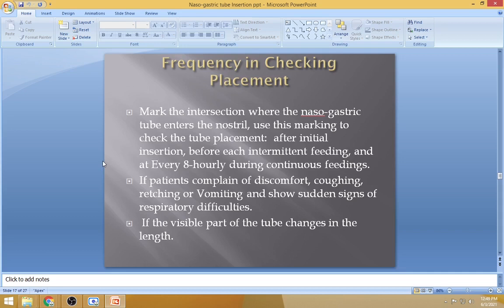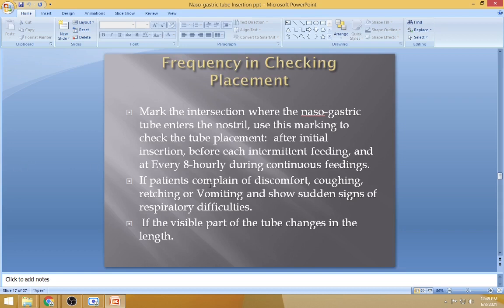If it has slid out or slid inside, then you have to reposition it back to the point where you have marked it. If it has come out too much from the nose, it means it has displaced itself, so we have to reinsert it again. So that marker point is very important after you insert the feeding tube.